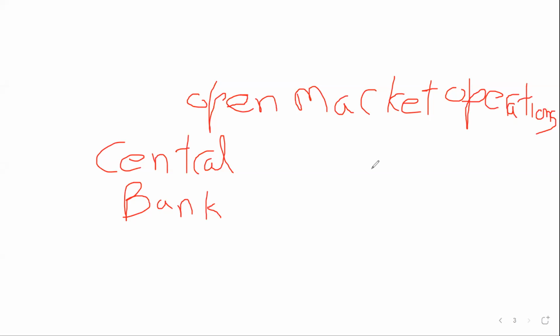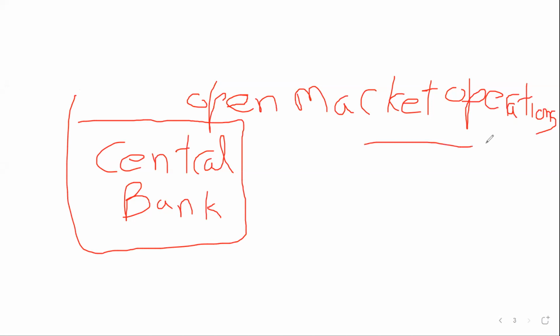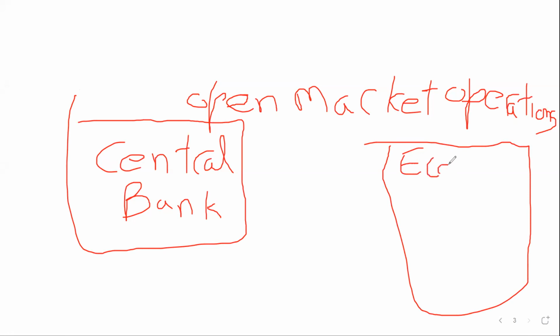So I want to explain a little bit more about the open market operations policy of the central bank with this sketch. So this is the central bank of the country. And here is the economy, which includes individuals, companies, all the stakeholders in the economy.